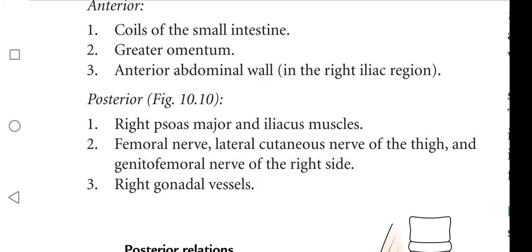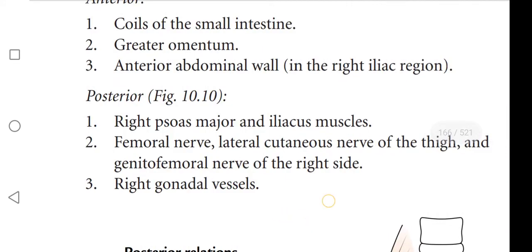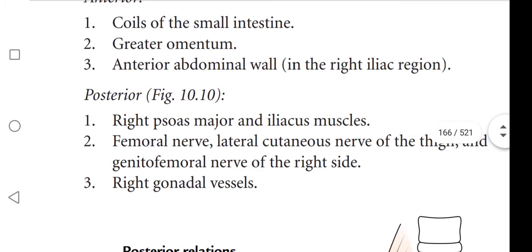Next, posterior. What are the things present posterior to the cecum? The right psoas major and iliacus muscles.